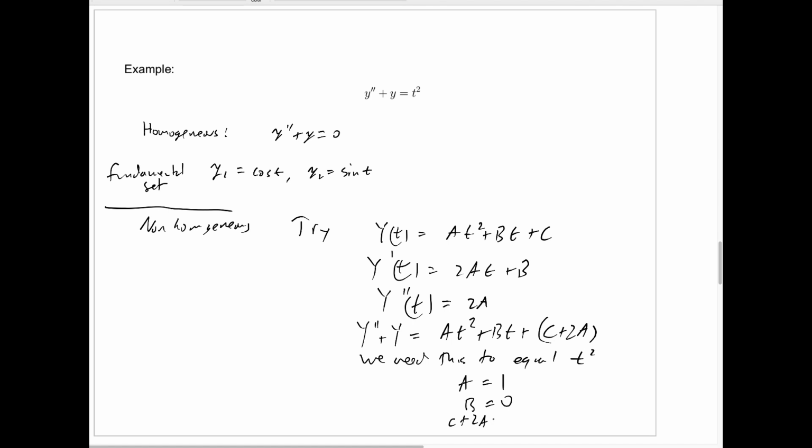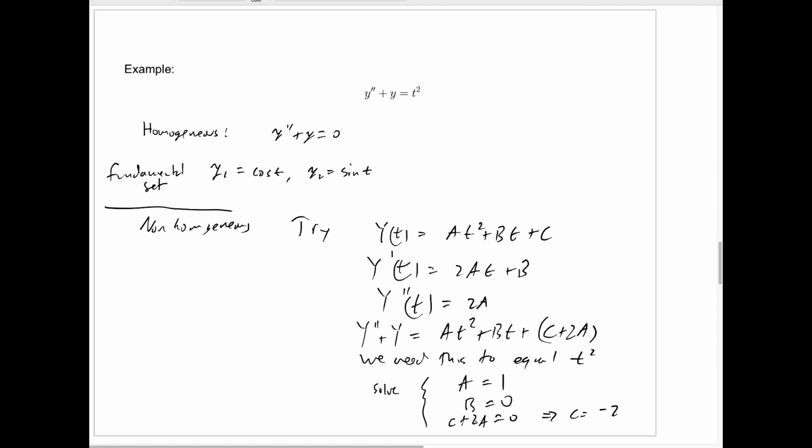So technically what we need to do is solve this system of 3 equations and 3 unknowns, but it's a very simple system to solve. a is 1, b is 0, and then one can see really quickly that c has to be minus 2, since a is 1 and c plus 2a is 0.